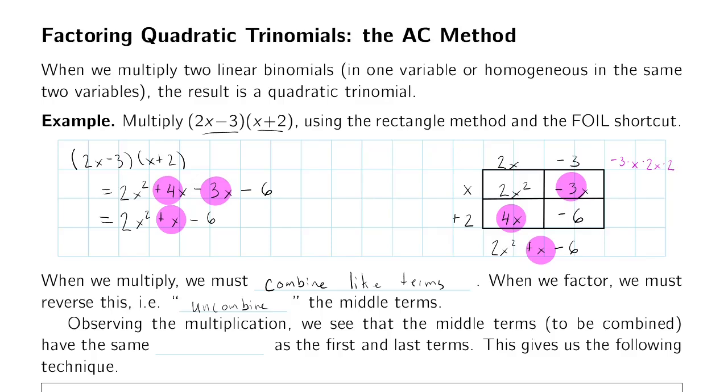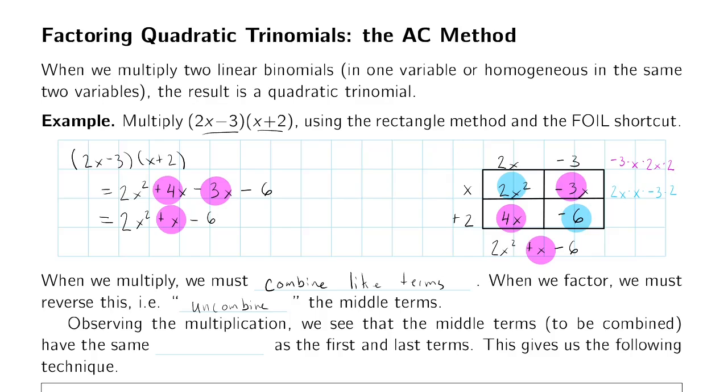To get our middle terms, we took negative 3 times x, and we took 2x times 2. If we multiply our first and last terms, we'll take 2x times x times negative 3 times 2. And we notice that those are the same 4 factors.